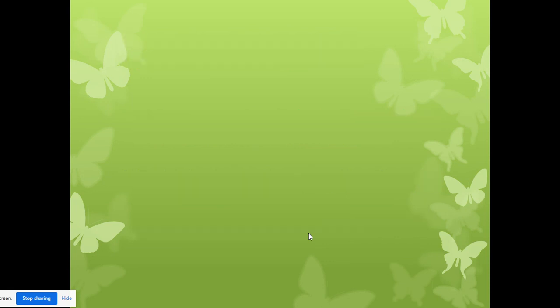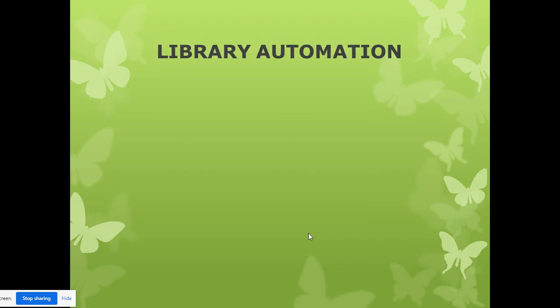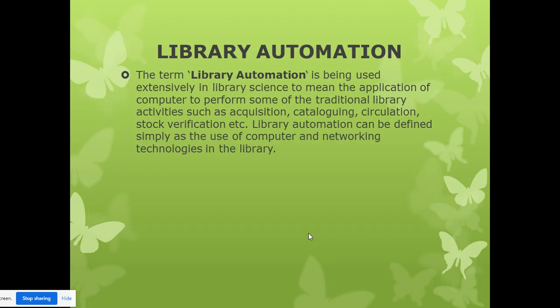So what is the next thing? What is library automation? We are not going very deep into library automation. I am just informing you what library automation is. We are just going to learn the definition.